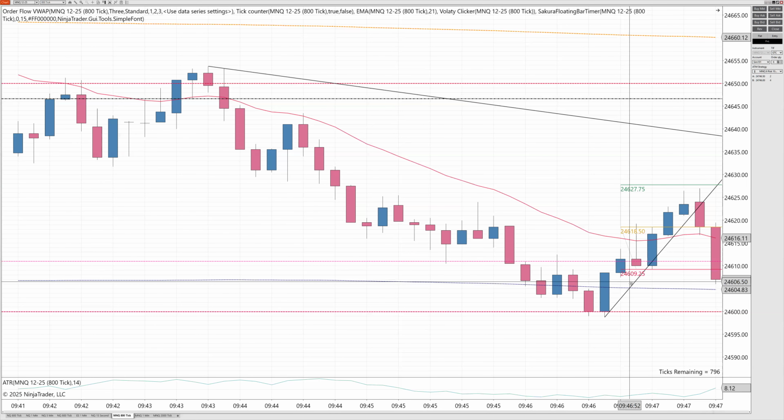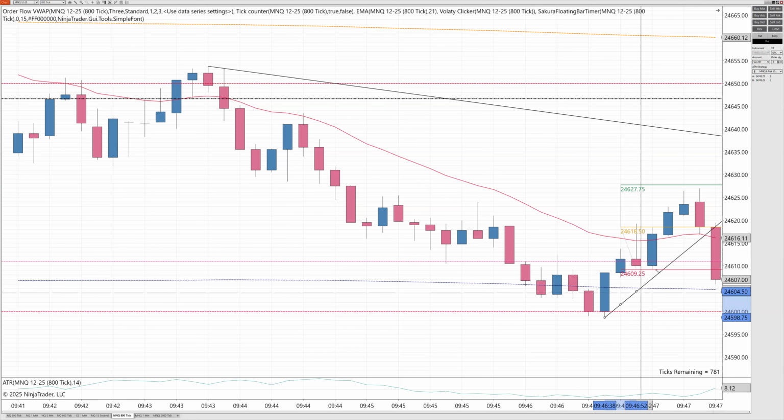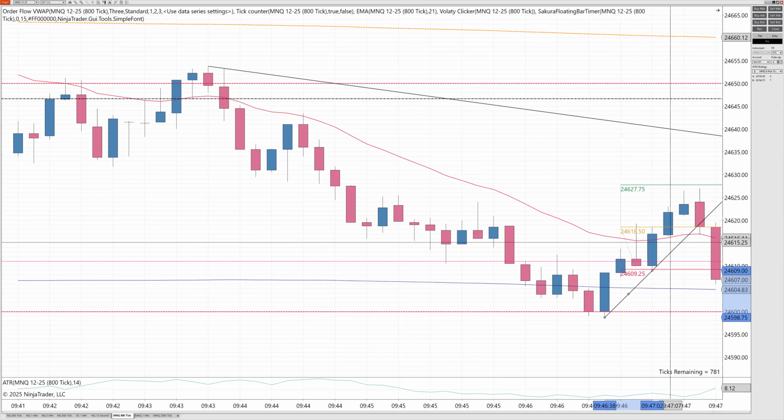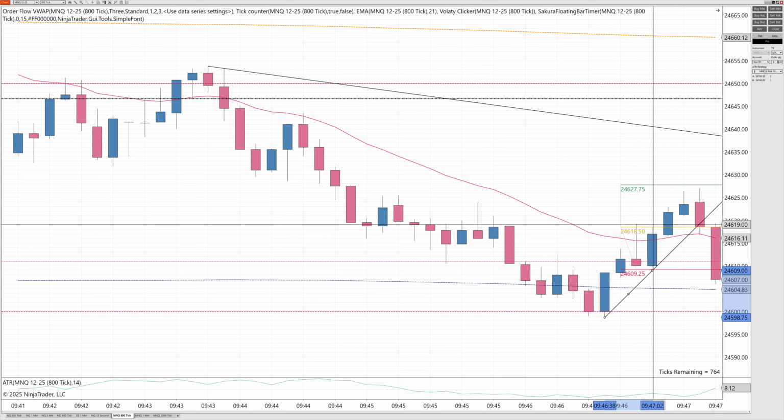So here's an example of it not hitting exactly 1-to-1, but this trade would have worked for me because typically what I do, because these are tick charts and they're not exact, I like to take profit sometimes a whole point below where the green line is.